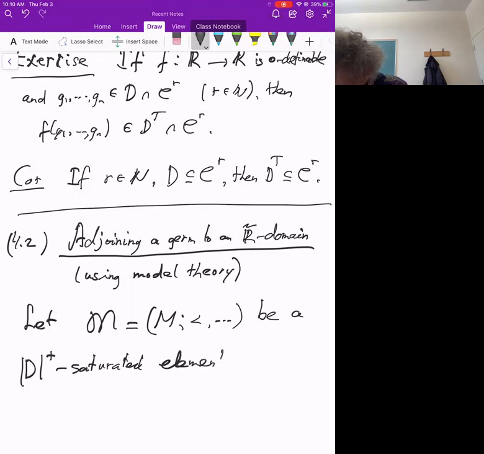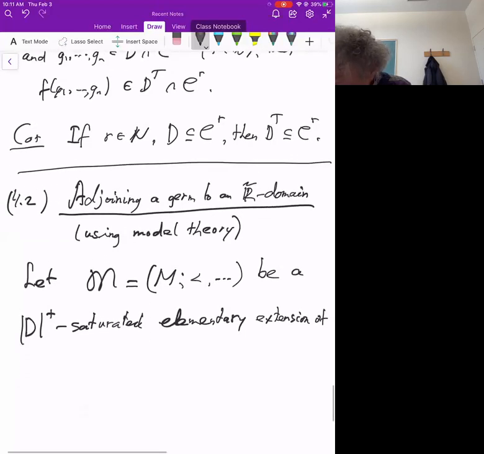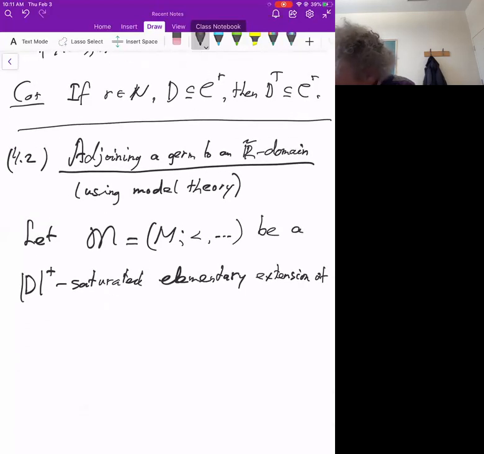Yeah, we just introduced a big model of our R tilde, an elementary extension of, actually a bit more than R tilde.